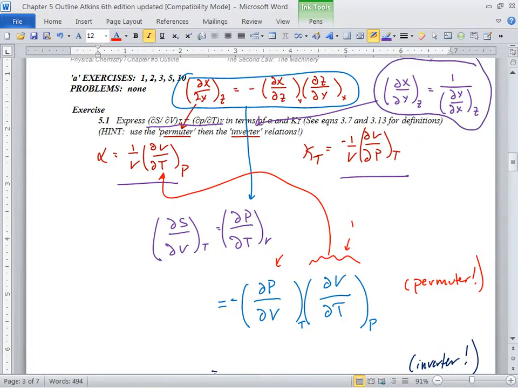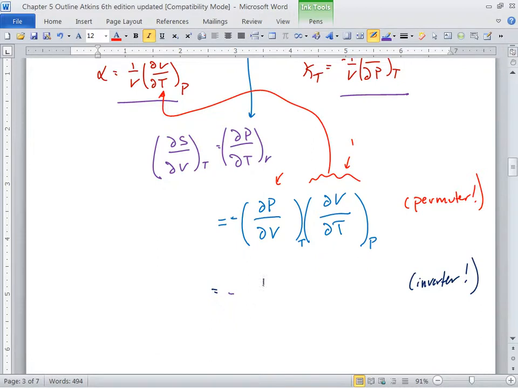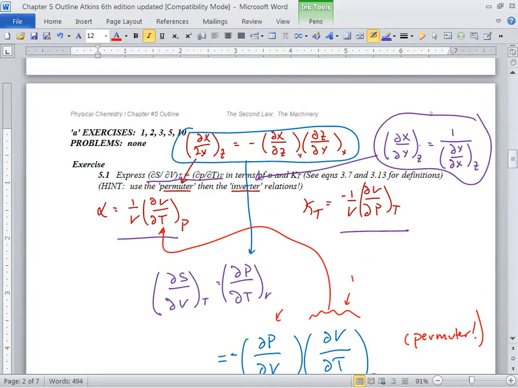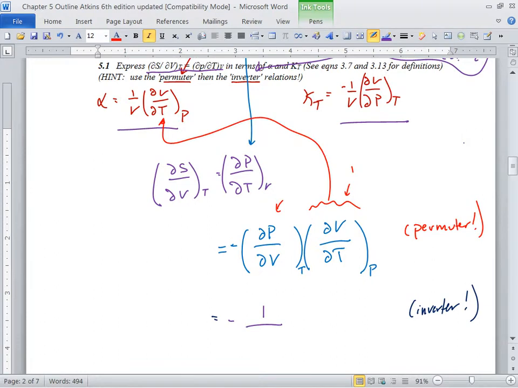So it's going to be 1 over the partial of... Look how x went to the bottom, y went up to the top. So dv over dp, constant t. And we didn't mess with this term.